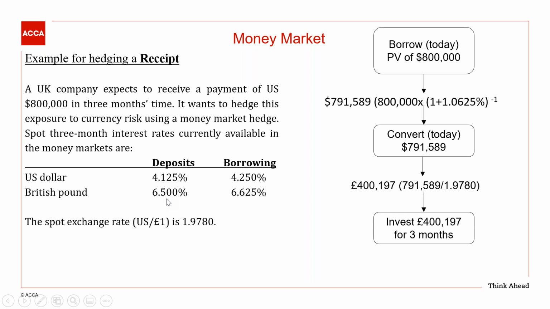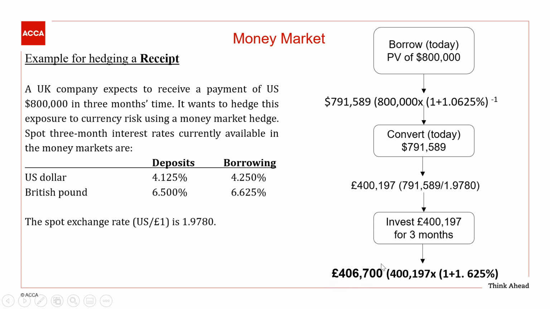And again, we have to divide it by 12 and multiply it by 3 to get the 3-month rate and see what will be the future value of this investment. So put it in this formula, 1 plus 1.625% into 400,197. After 3 months, this amount will grow to 406,700.